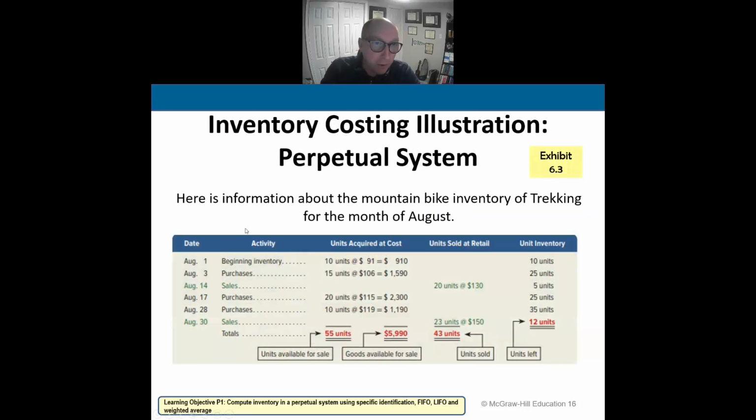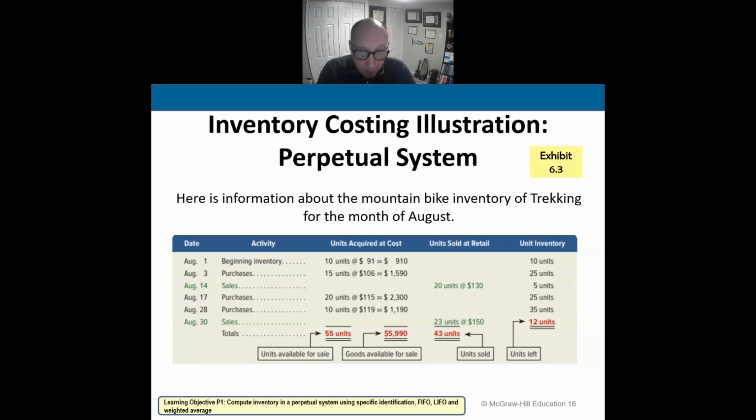Here's a nice example of our, which one is this one? First in, first out, I think. We update as we're selling through and as we're making purchases. August 1, we started with inventory, 10 units, $91 was our cost, $910 total cost.